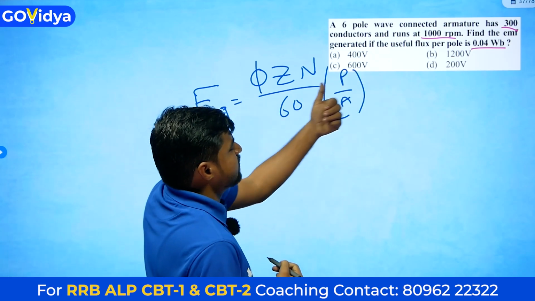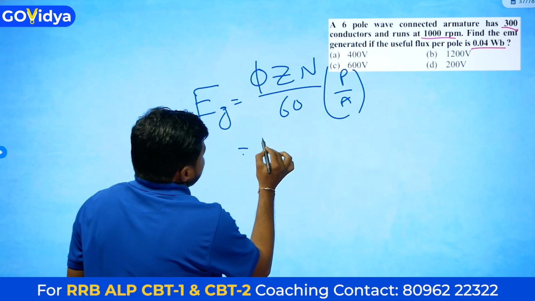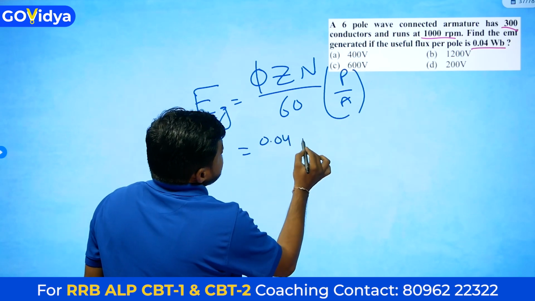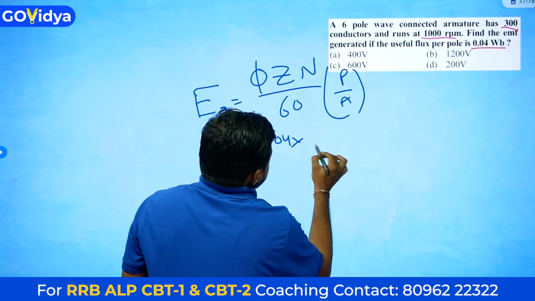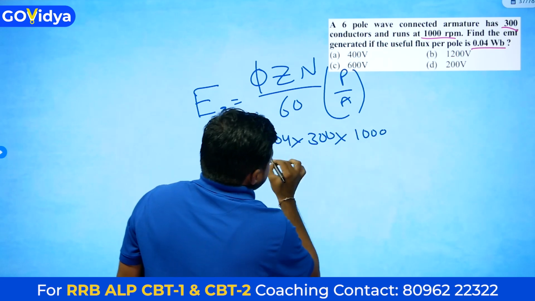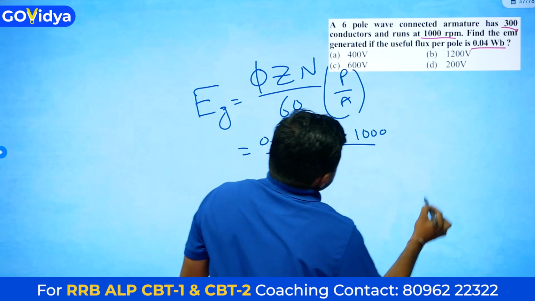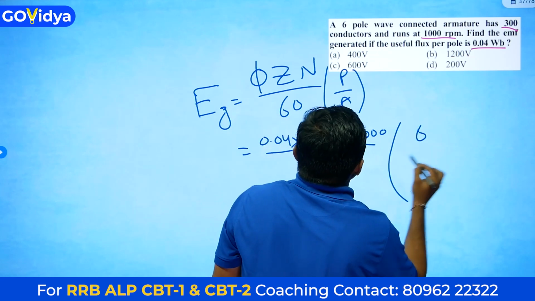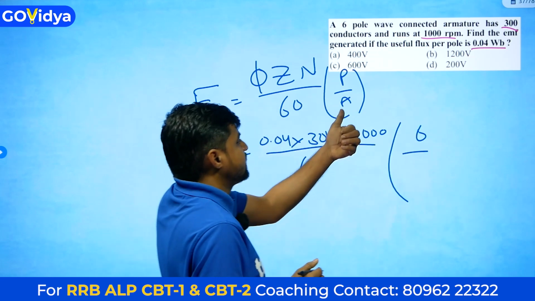Phi is the flux per pole, which is 0.04. Z is the number of conductors, 300. Speed is 1000 rpm, divided by 60, into P, the number of poles, which is 6. A is the number of parallel paths.